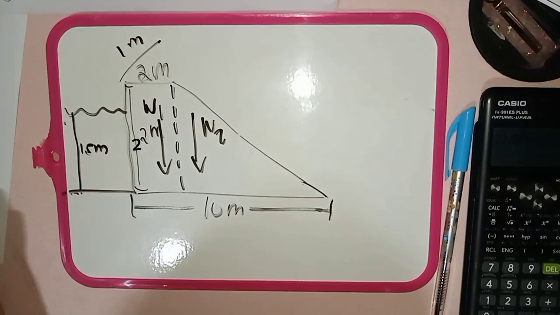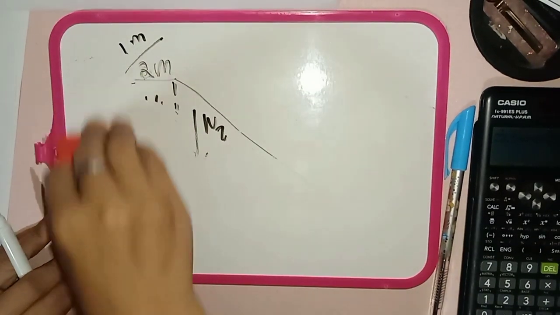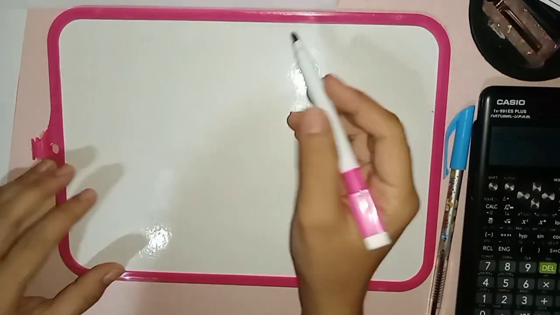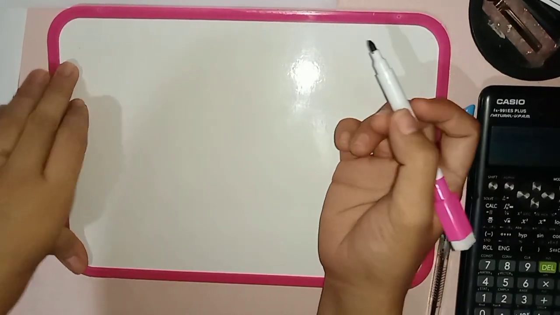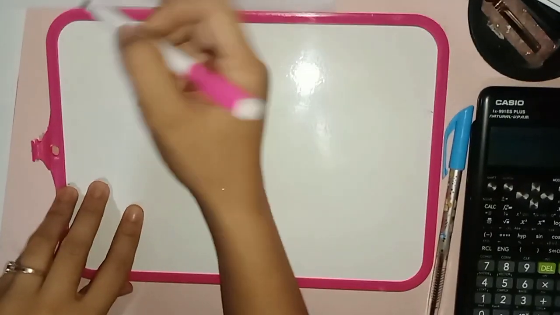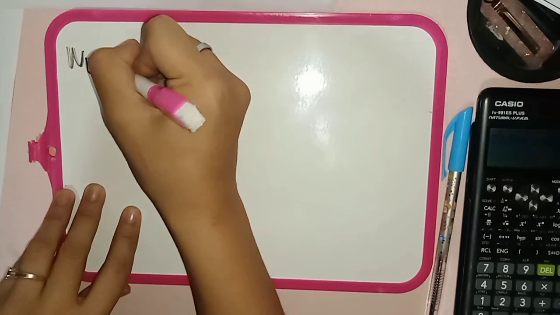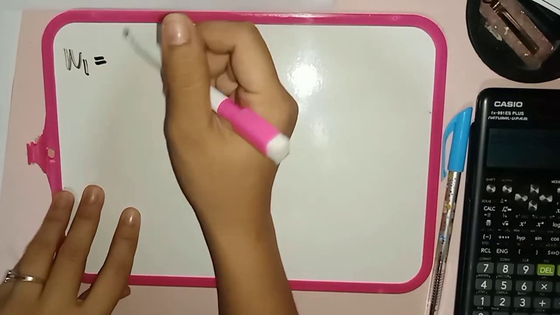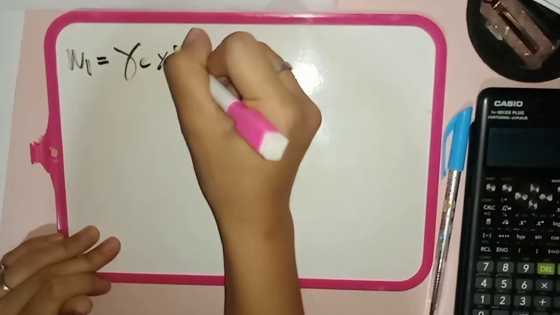So, let us now determine the vertical forces. First, we get the weight of the dam. We have two weights. For weight 1, our formula will be the unit weight of concrete times volume.